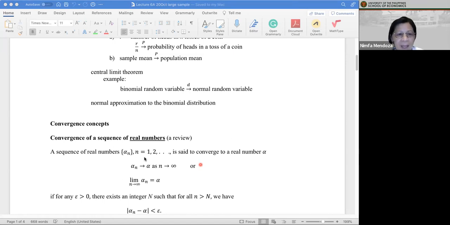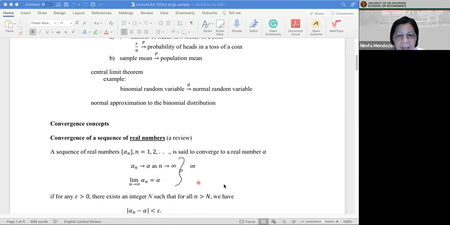A sequence of real numbers is said to converge to a real number alpha. Alpha n converges to alpha as n approaches infinity, or the limit of alpha n as n approaches infinity is equal to alpha. So these are just equivalent notation for denoting the convergence of a sequence of real numbers.